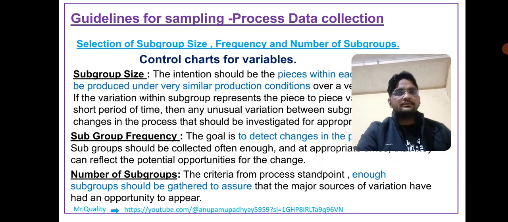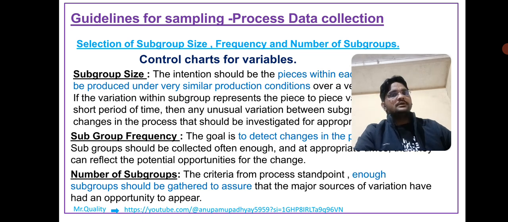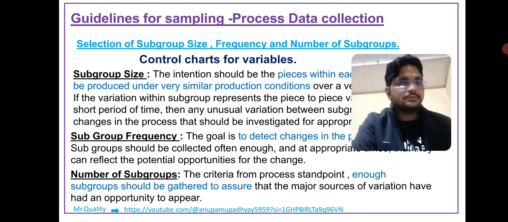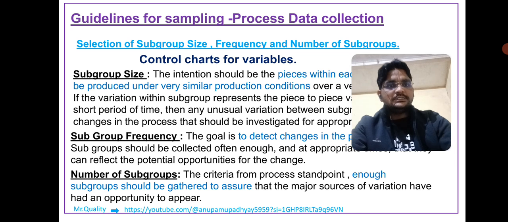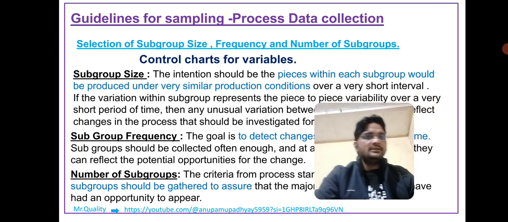Guideline for sampling process data collection: selection of subgroup size, frequency and number of subgroups, for control charts for variables. On subgroup size, the intention should be that the pieces within each subgroup are produced under very similar production conditions over a very short interval.